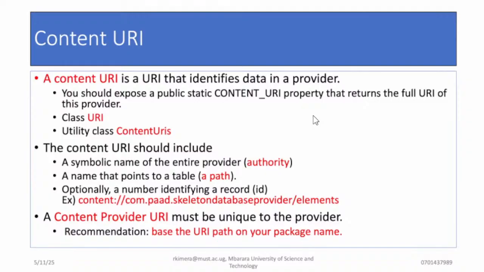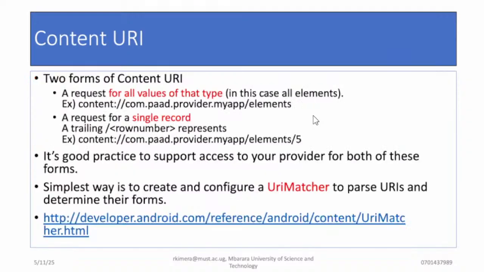Here we follow the same structure, but instead of HTTP, we say content to show that this is a content provider. Then this is usually the package name, because the package name is unique to every application. And then this last one is usually an identifier to specify whether you need all the records or a specific record. So a content provider URI must be unique to the provider, like we said, and you can use the package name first.